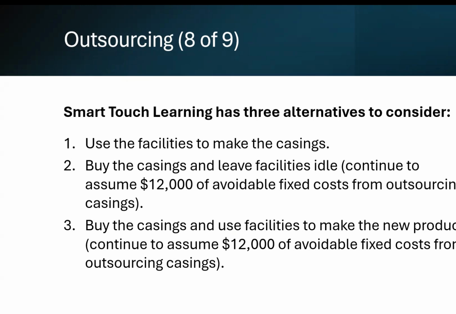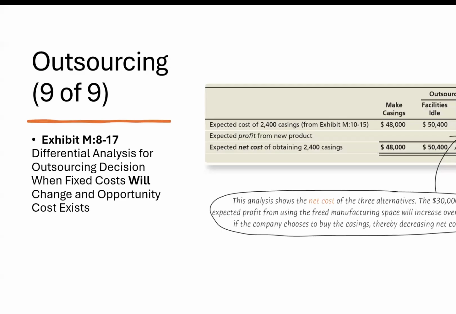Or three, buy the casings and use facilities to make the new product, continuing to assume $12,000 of avoidable fixed costs from outsourcing casings. The alternative with the lowest net cost is the best use of Smart Touch Learning facilities.